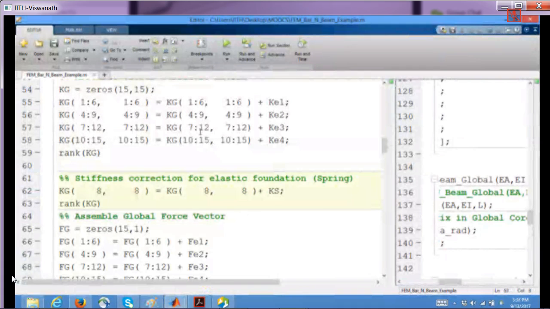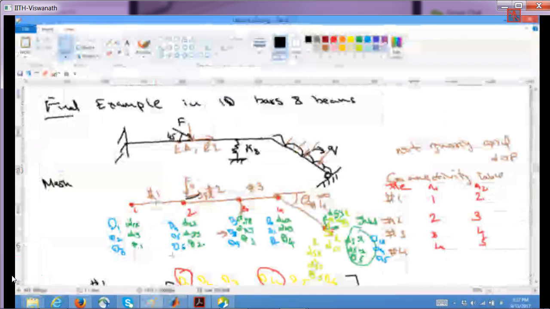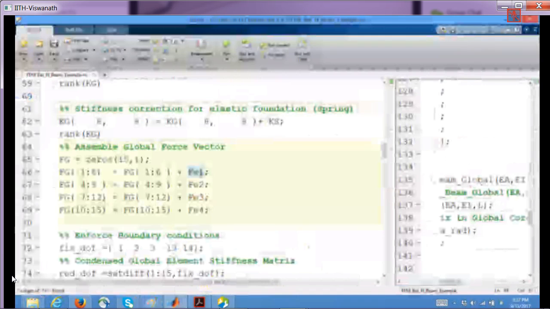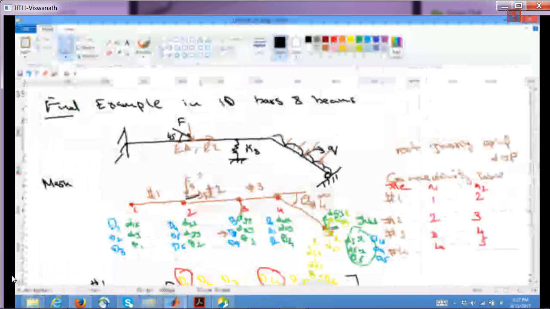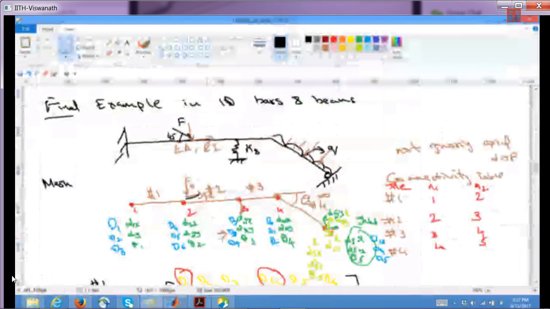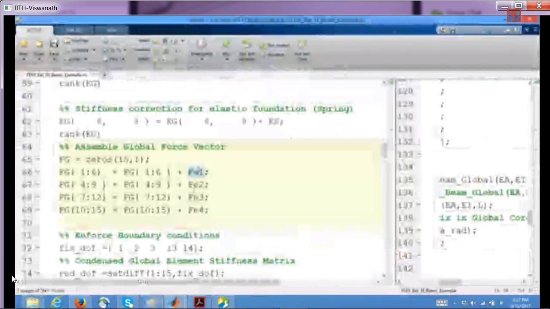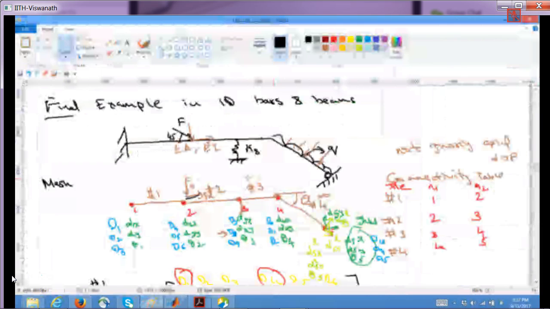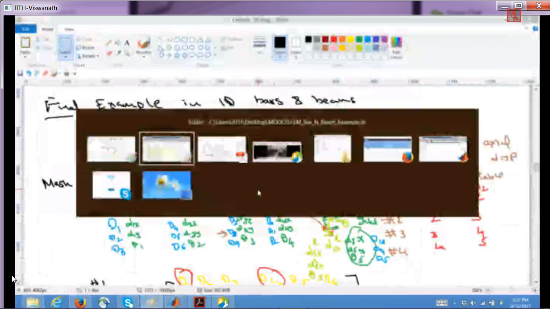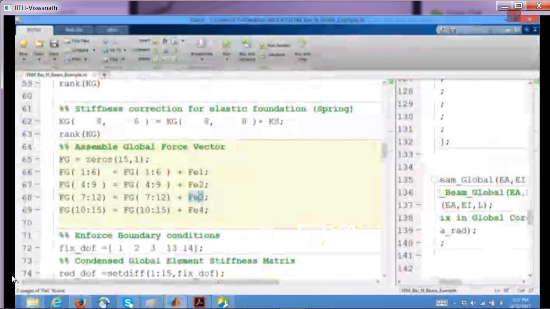Similarly, I do the assembly of the force vector. By the same principles, the forces on the first element depend upon 1, 2, 3, 4, 5, 6. So 1 through 6 in global is coming from FE1, and 4, 5, 6, 7, 8, 9, that is 4 through 9, is coming from the second element. 7, 8, 9, 10, 11, 12, so 7 to 12, is coming from the third element.